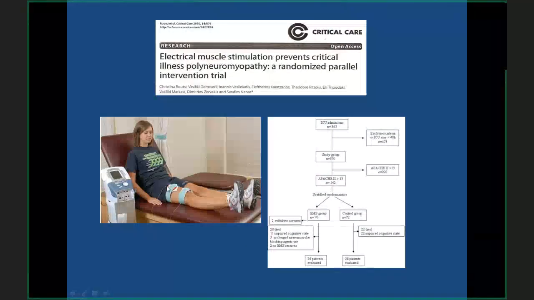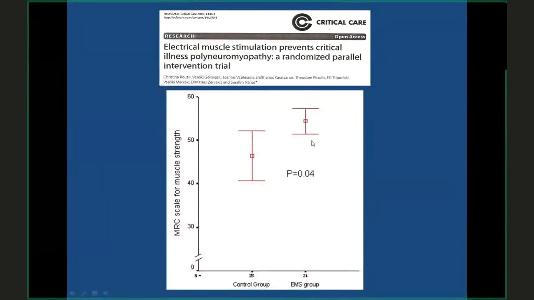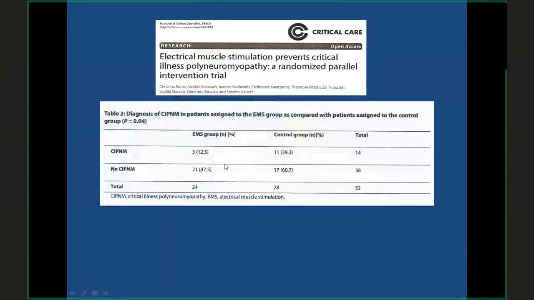Another study shows electrical muscle stimulation, a direct stimulation of the muscles. There was a treatment group and a non-treatment group. They found that the treated group showed better muscle strength than the untreated control group. Also, the development of CIPNM in the treatment group was only 12%, while in the untreated control group it was almost 40%.